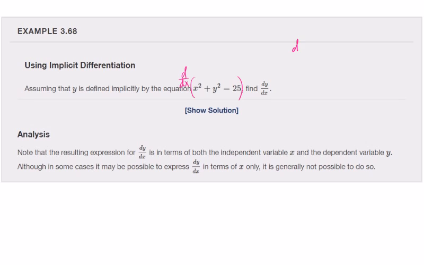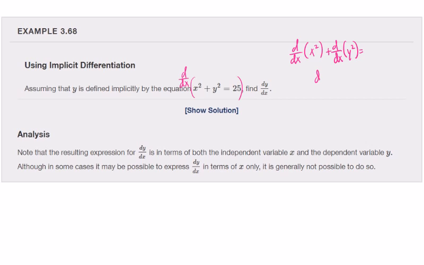So I'm going to do the derivative of x squared with respect to x, the derivative of y squared with respect to x, and then the derivative of 25 with respect to x as well.